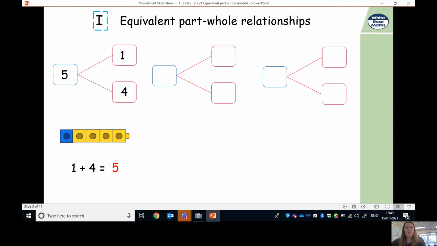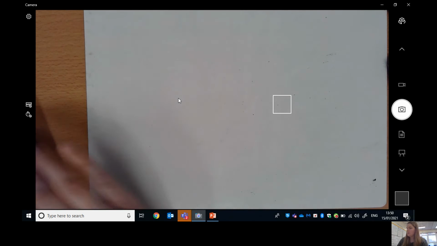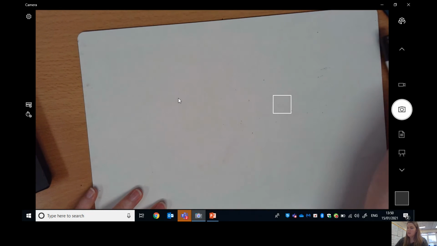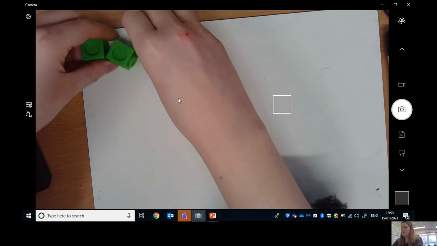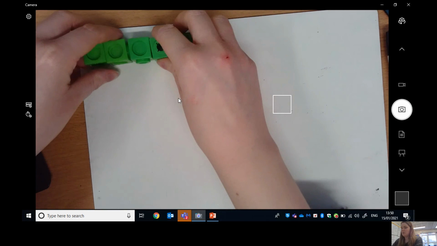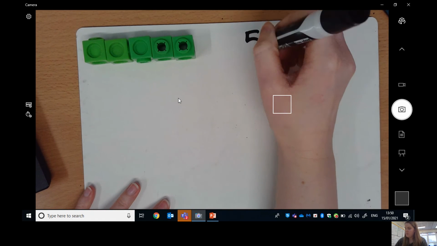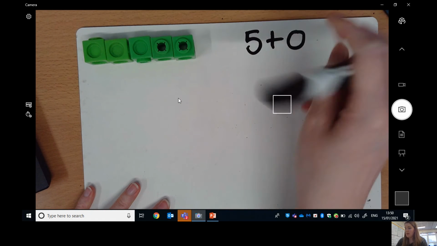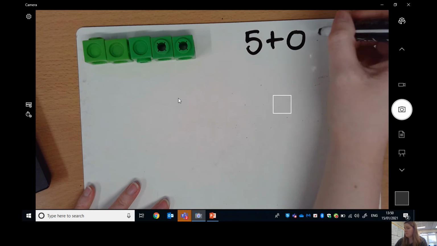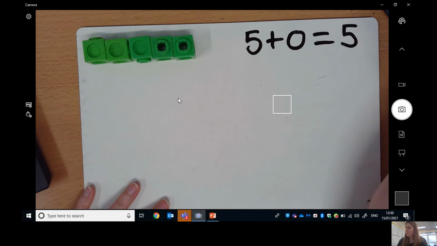So, shall we have a go trying to make 5 in different ways? The first thing I'm going to do is get 5 cubes because that's an easy one to start off with. I've got 5, so I'm going to put 5 plus 0, because am I adding anything to it? No, I'm not. Equals 5.